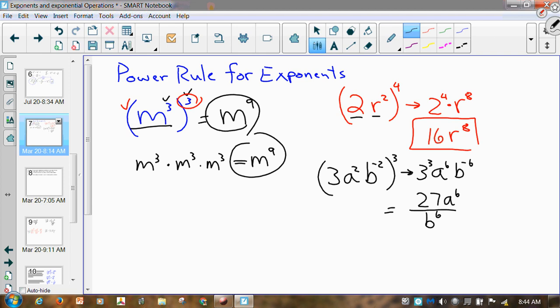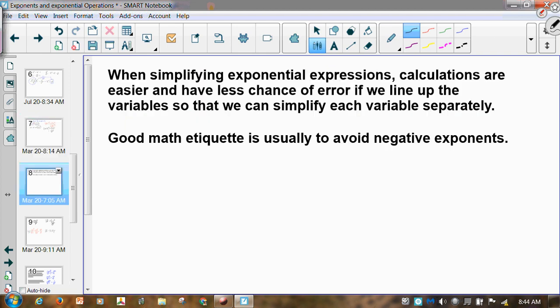Okay. So let's combine all these things now into some problems that, if you were to look at them 20 minutes ago, may have seemed rather strange to you. But let's read this first, and then let's work some examples. It says, when simplifying exponential expressions, calculations are easier and have less chance of error if we line up the variables so we can simplify each variable separately.